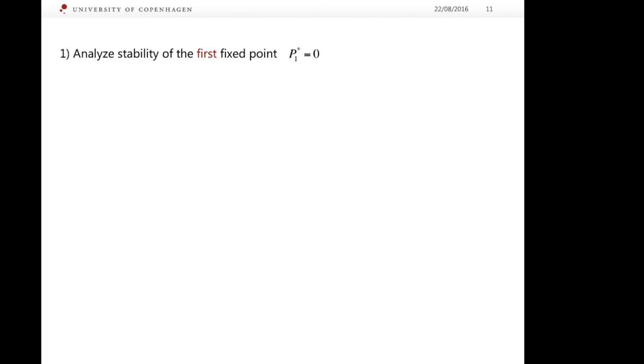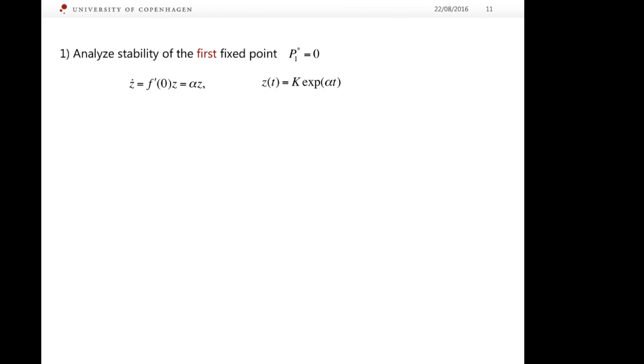Now let's analyze the stability of the fixed points. Start from the first fixed point at 0. The linearized equation reads z dot is equal to the derivative of f at 0 times z itself. For the derivative, we substitute the value alpha.